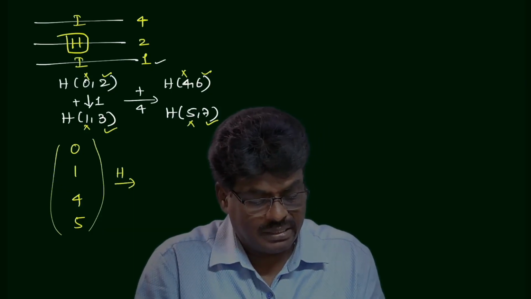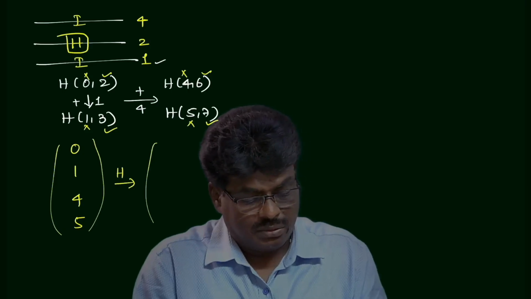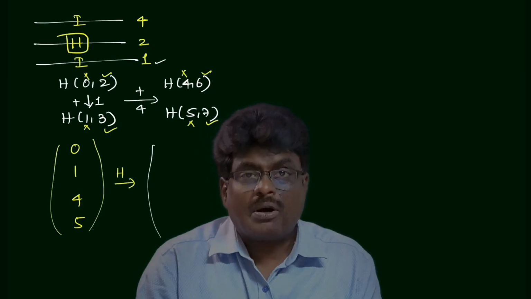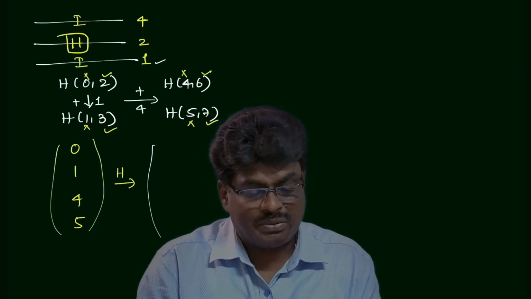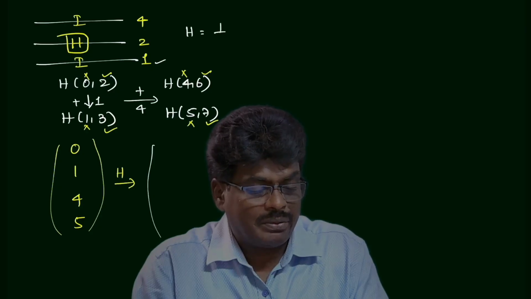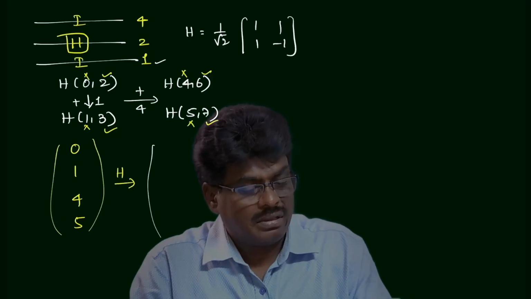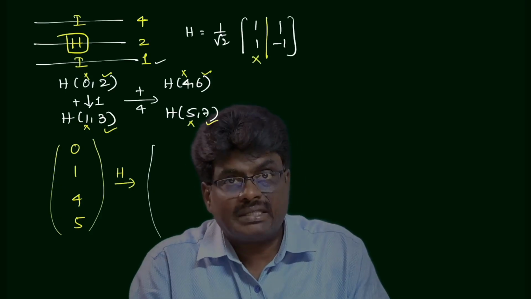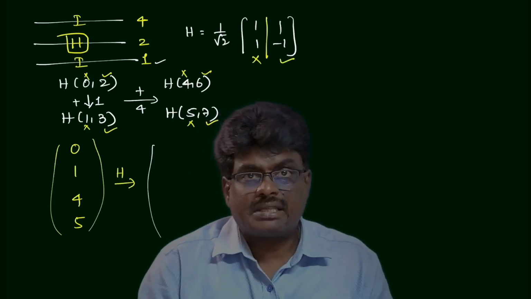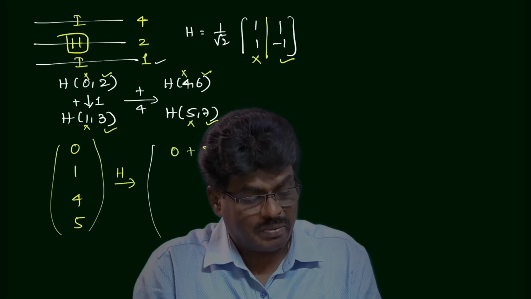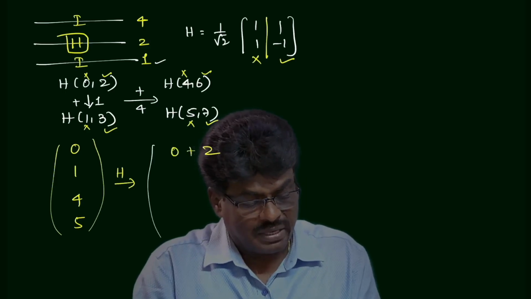The Hadamard operator is 1 over root 2 times [1 1; 1 minus 1]. So please take the first column if it is off, and take the second column if it is in on state. 0 is in off state, so it creates a superposition of 0 plus 2. 1 is off state, so 1 plus 3.